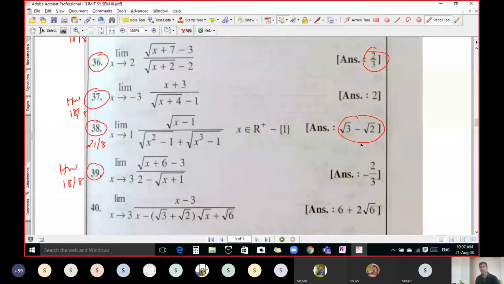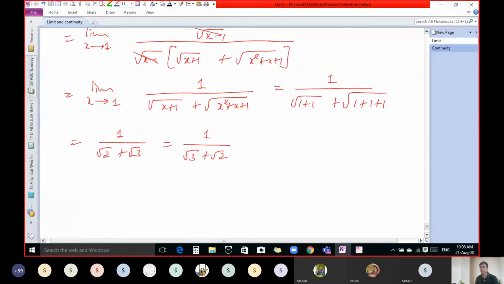It's like the answer is 1 by 2 and the answer given is 0.5. Either you can write 1 by 2 or 0.5, it's the same thing. Similarly, this and this are the same.